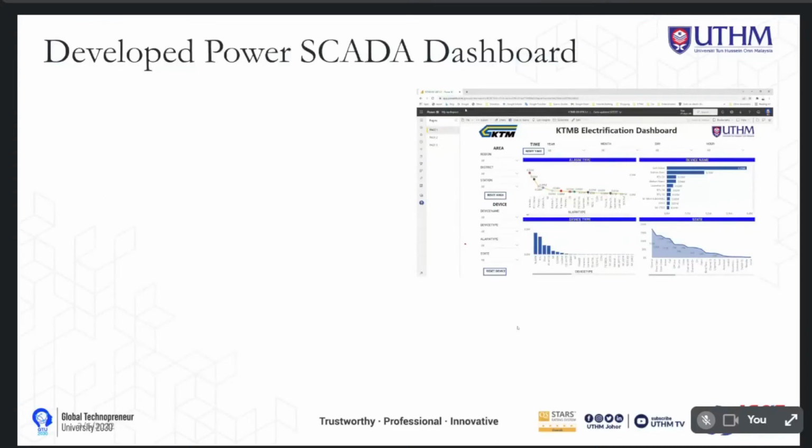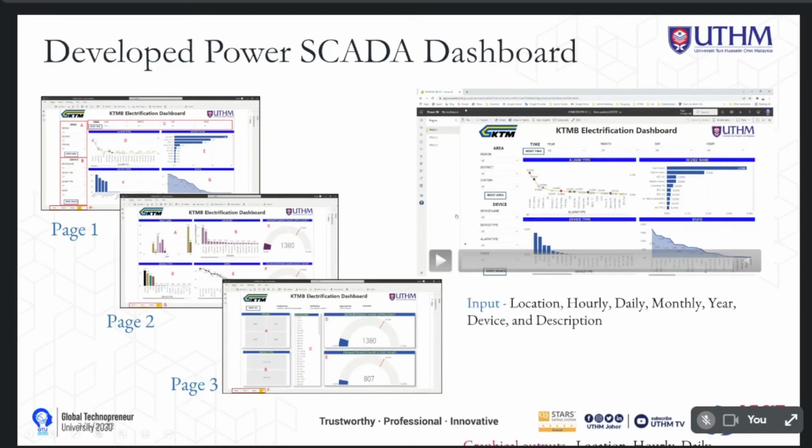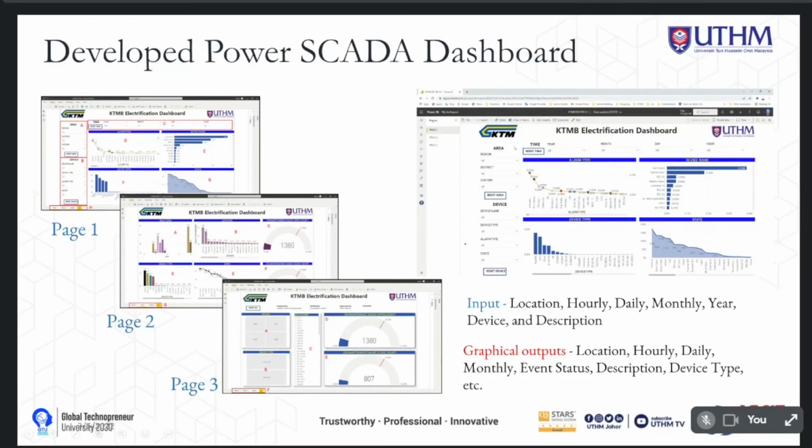So this is the developed Power SCADA dashboard, which has three pages: page 1, page 2, page 3, where several inputs and outputs can be filtered. For example, we can filter in terms of location, hourly, daily, monthly, year, and device identification, as well as display all the graphical outputs, such as the location and hourly.